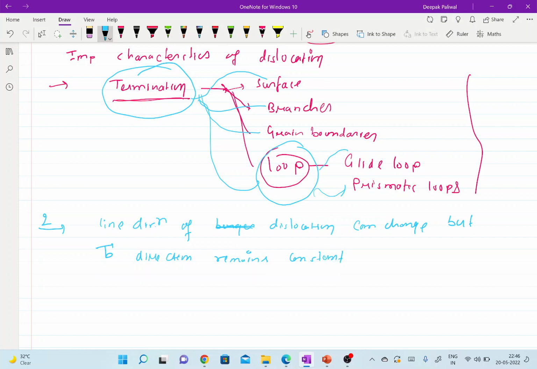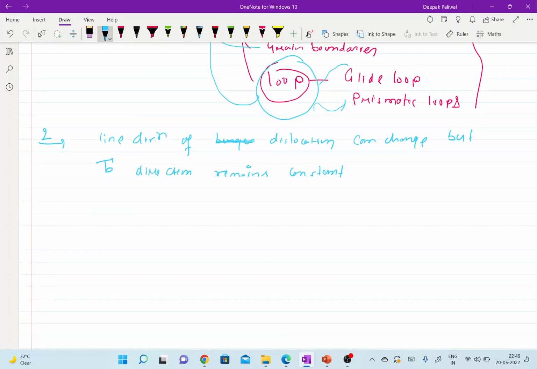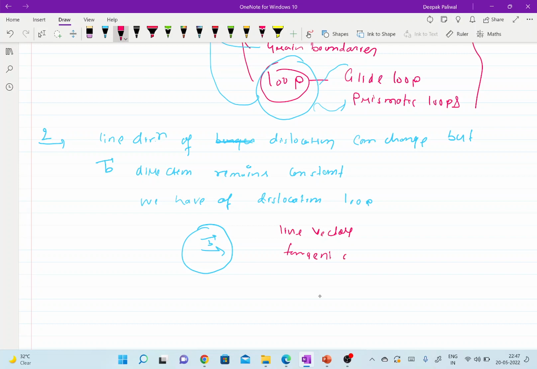What I am saying is, suppose we have a dislocation loop like this. Suppose I have the Burgers vector direction like this, and the line vector; we know the line vector is the tangent vector to the dislocation line.